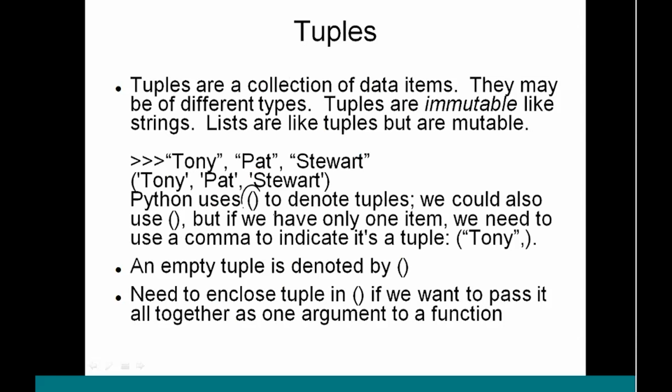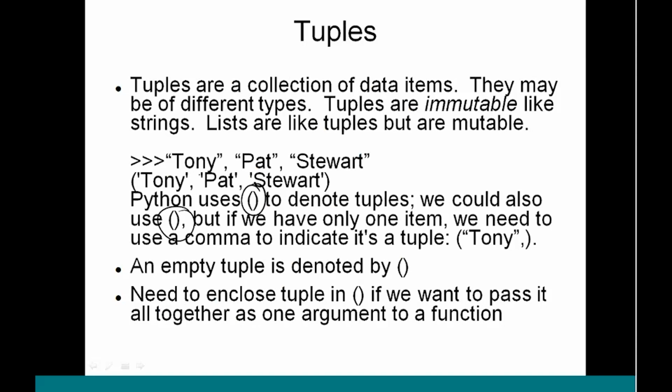Python uses parentheses to denote a tuple. You could also use the parentheses if you have only one item, but if you have only one item, then we need to use a comma to indicate a tuple.